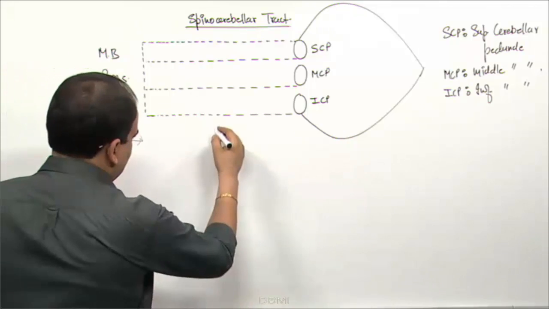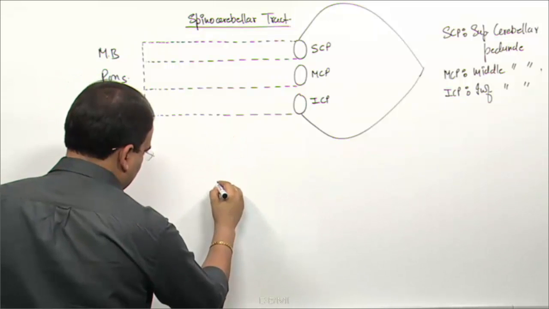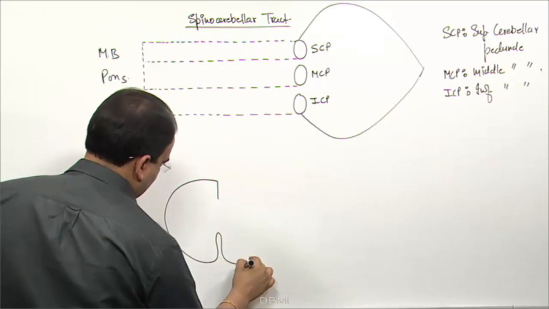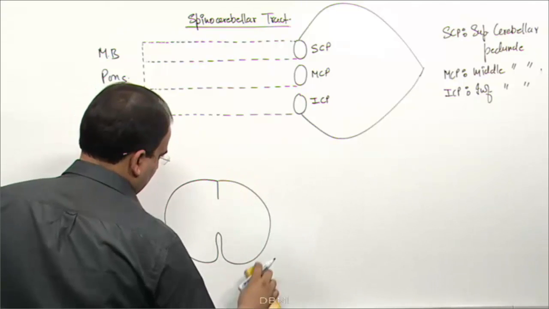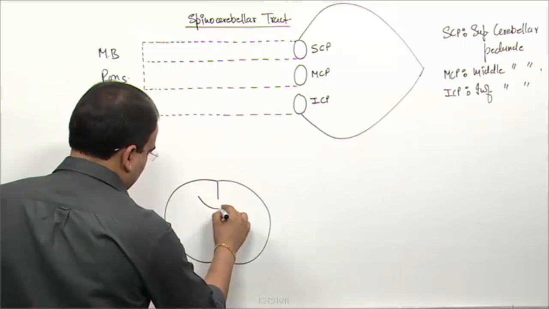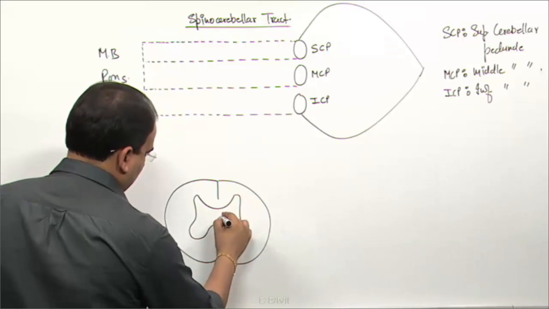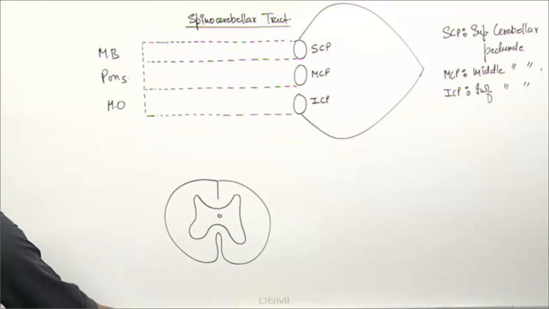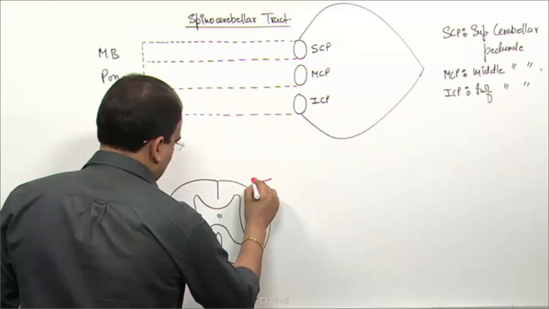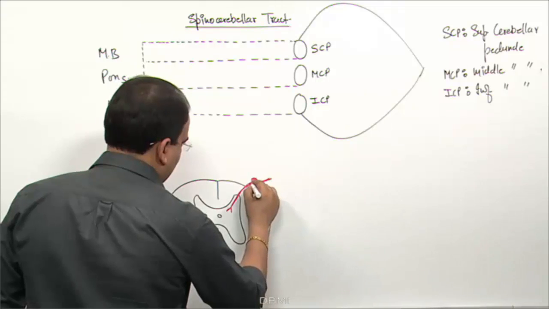Now let's say this is a spinal cord here somewhere. DRG, once again the first order neuron. And what was the relay station for the spinocerebellar tract?